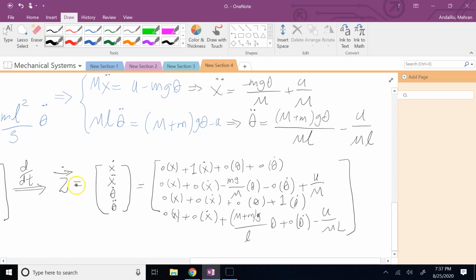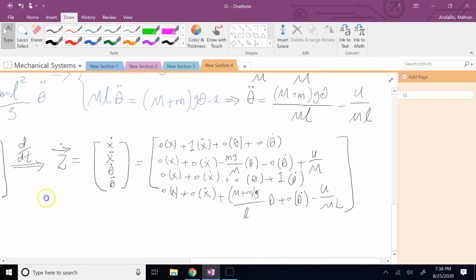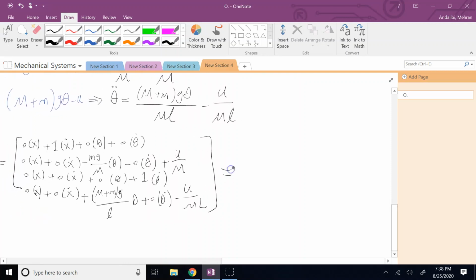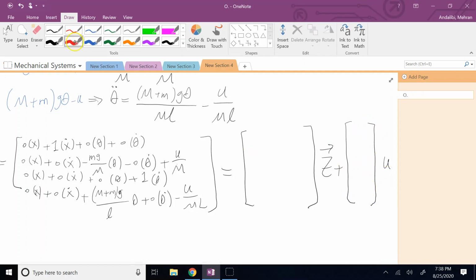Now I write this z dot as a matrix A times z plus another matrix times u, the inputs, correct? So I call this A matrix, and I call this B matrix, right?